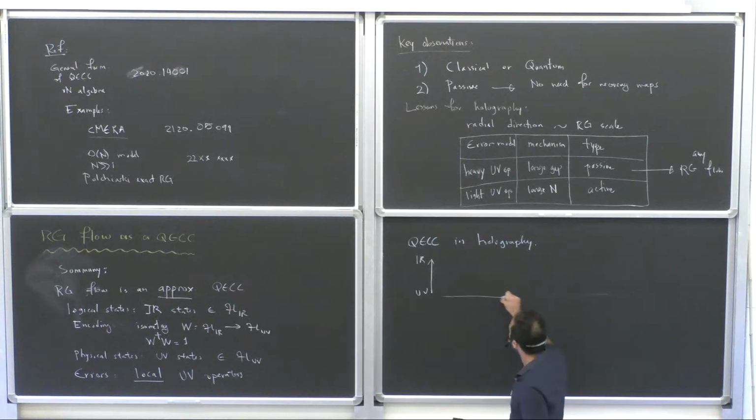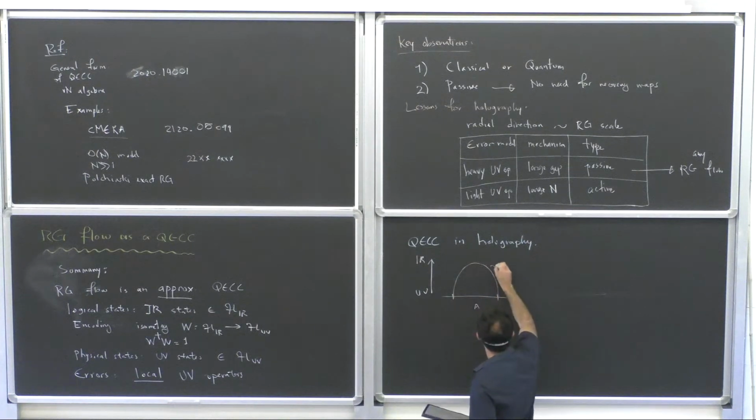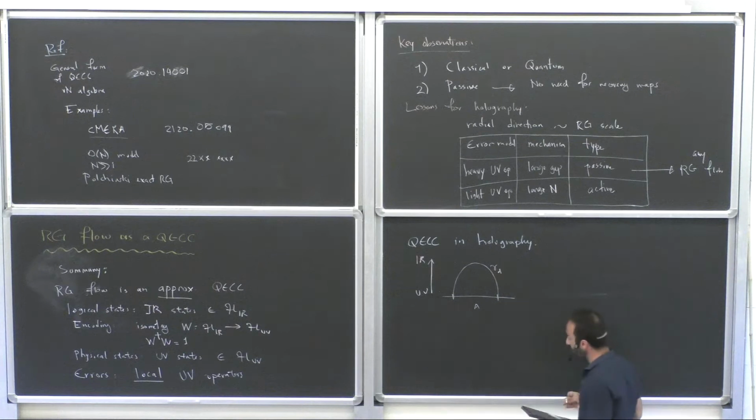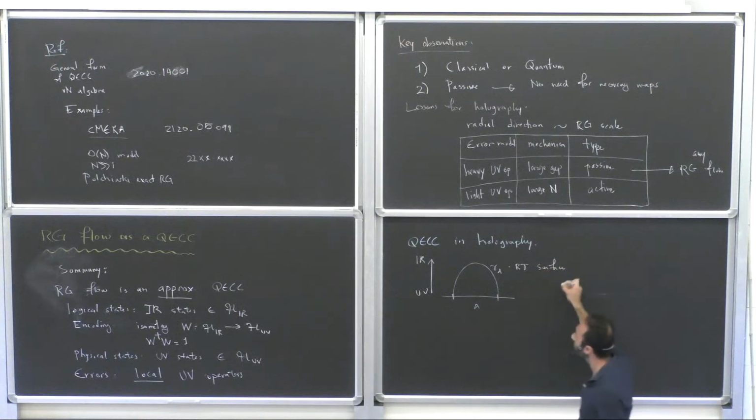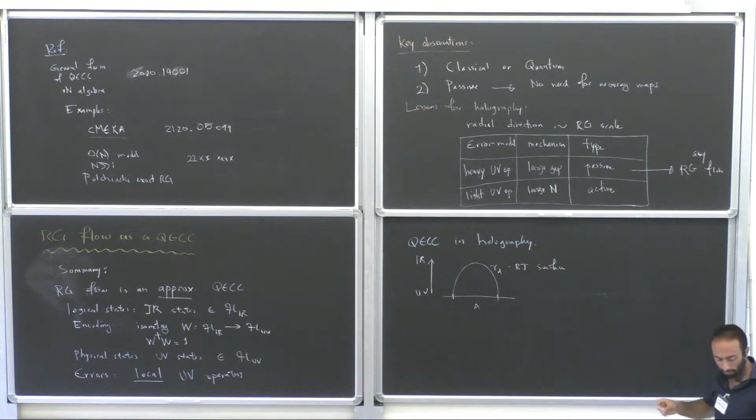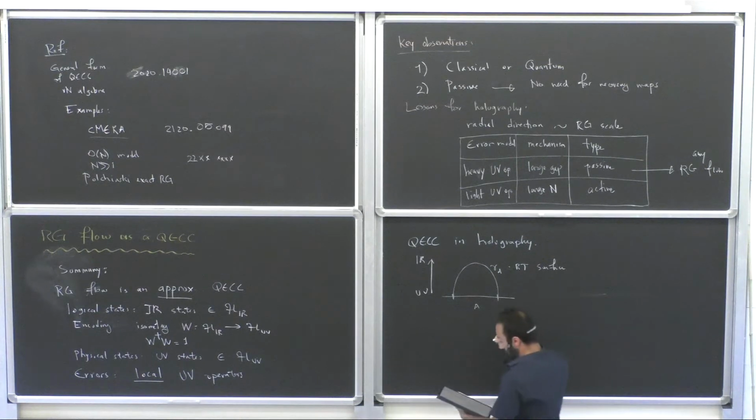This is a geometry. There is a boundary region A. There is an RT surface that I'm going to denote by gamma of A. This is the RT surface, Ryu-Takayanagi surface. If some of these notions are unfamiliar, please let me know. Then errors occur here.